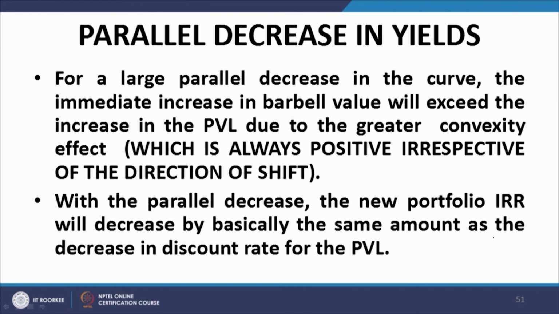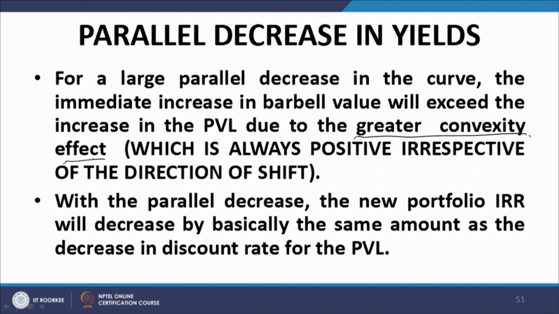Now, we talk about a parallel downshift, a parallel decrease in yields. For a large parallel decrease in the spot yield curve, the immediate increase in the barbell value will exceed the increase in the present value of liabilities due to the greater convexity of the barbell.